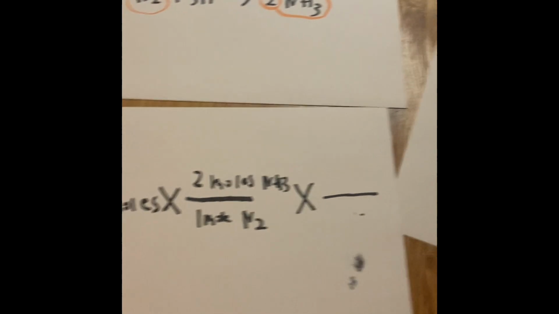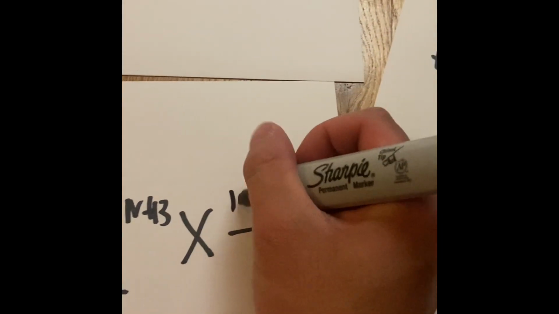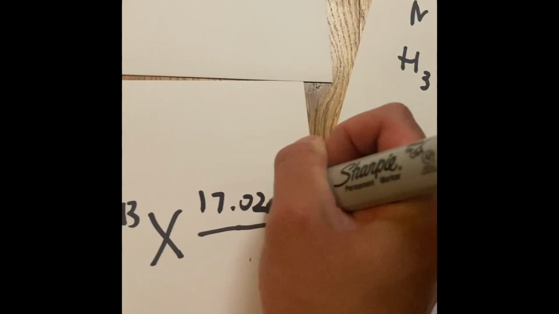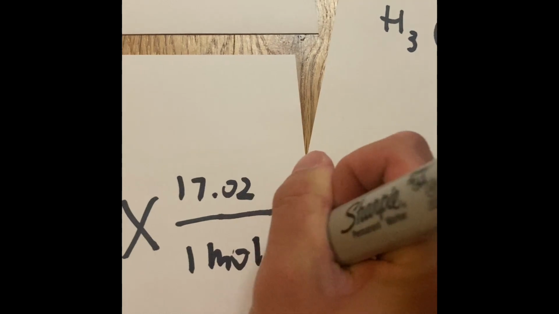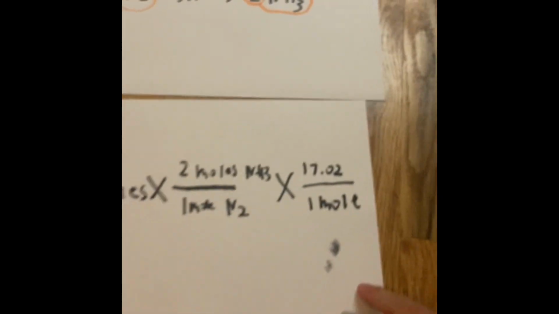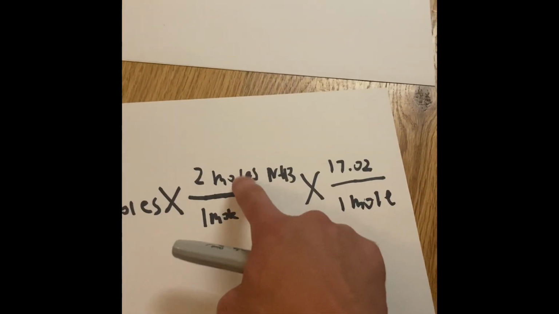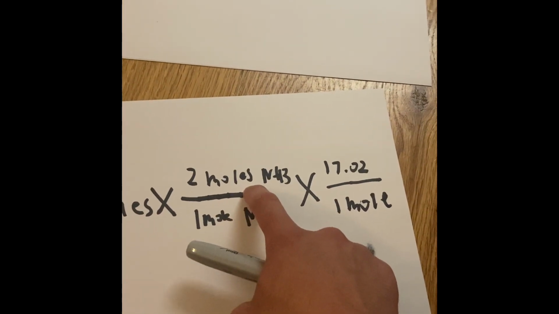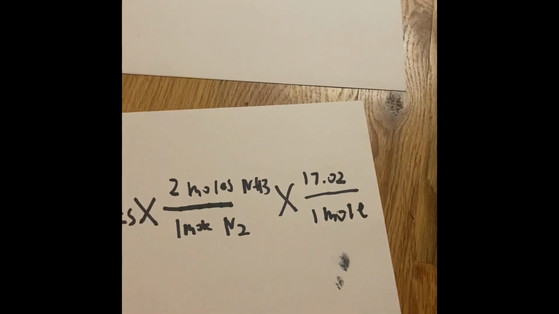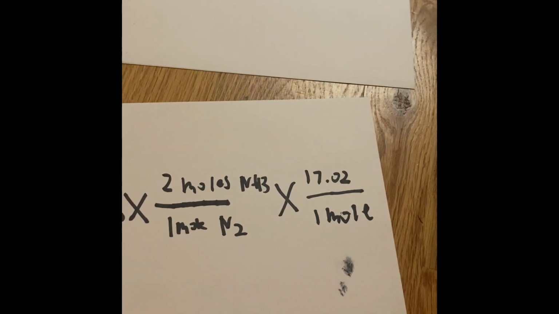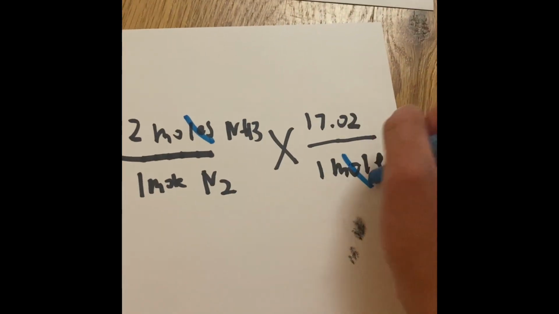So what we can do on the problem is write 17.02 grams and write 1 mole on the bottom. The reason why we placed it like that is because we already have moles right here on NH3, and this is 1 mole of NH3. So the only way to get rid of the measurements and only get numbers as our answer, we have to cancel these out.